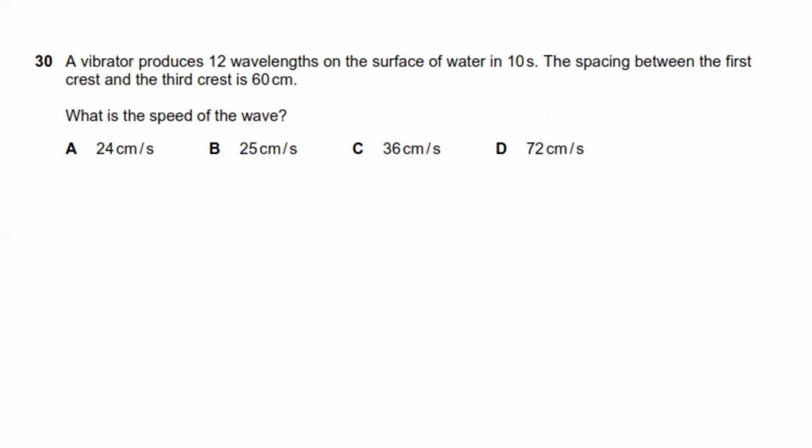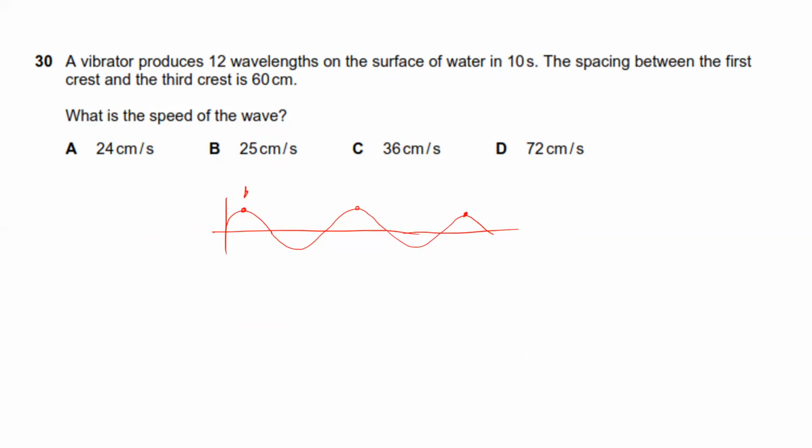Next question, question 30. It says a vibrator produces 12 wavelengths on the surface of water in 10 seconds. The spacing between the first crest and the third crest is 60 centimeters. What is the speed of the wave? So this is the first crest, this is second, and this is third.